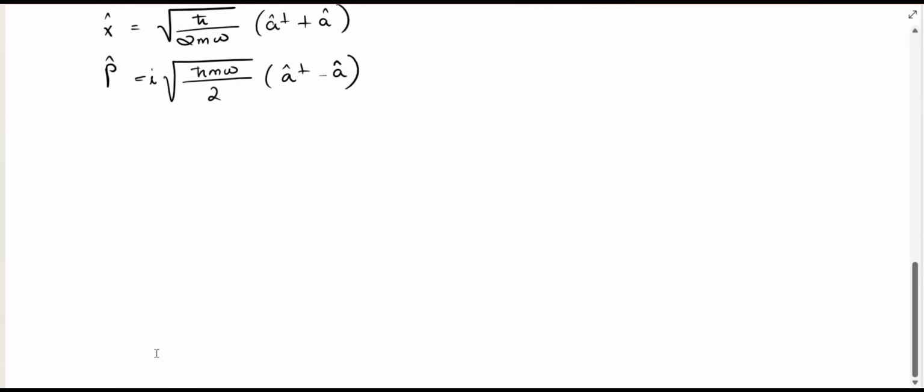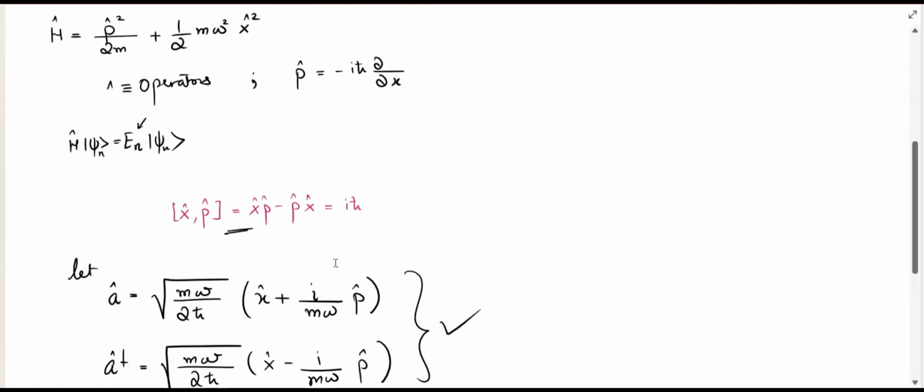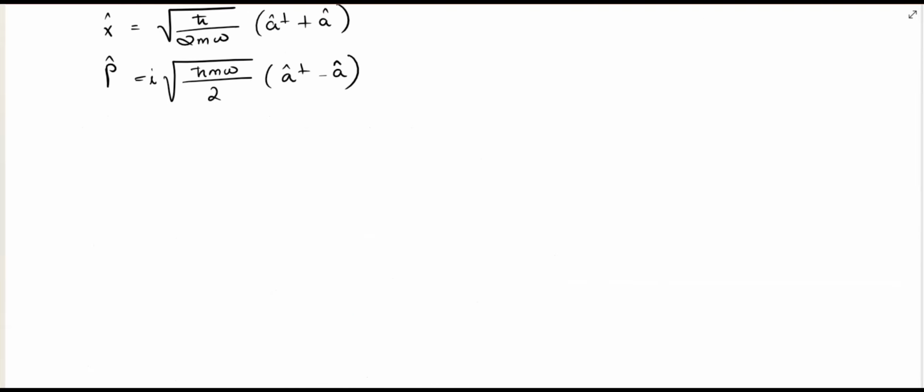Now, using these definitions of a and a dagger and this commutator rule, you will be able to see that H cap is equal to h bar omega by 2 times a dagger a plus a a dagger. I leave it on you to derive this.